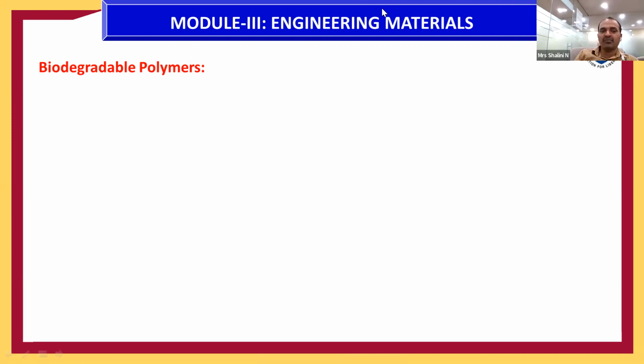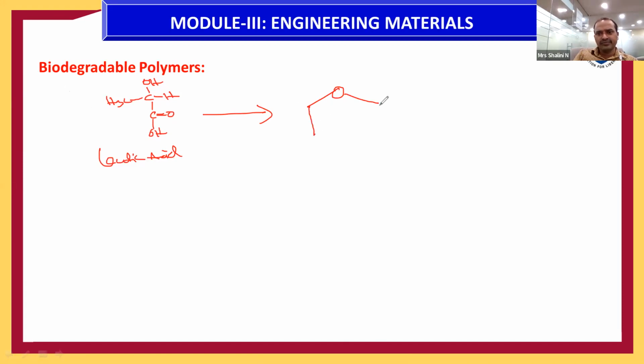Lactic acid is a chiral compound. So this has very distinctive properties. CH3, CH, OH, C double bond O, OH. So this is the lactic acid. This lactic acid forms a ring structure. Double bond, CH3.